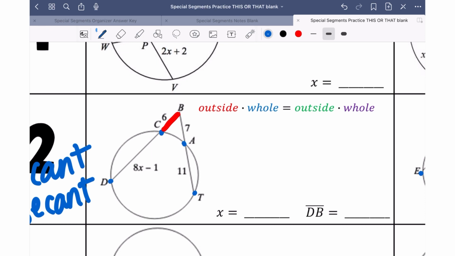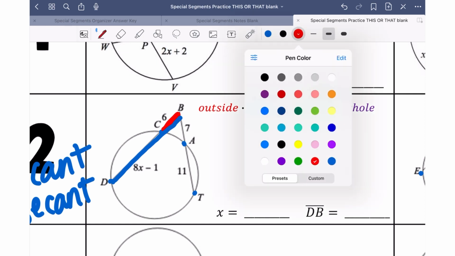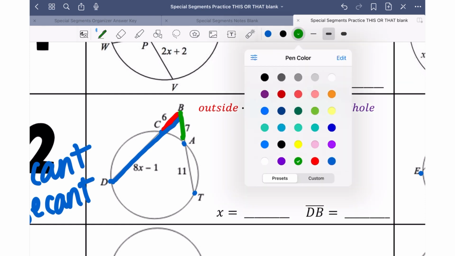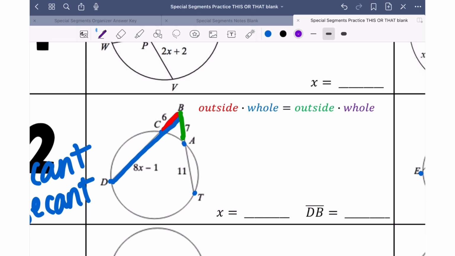And then the whole thing is from here plus that, okay? And for the other segment, the outside part is the 7, but the whole thing together is the 7 plus the 11 there, okay? If you have a different way of identifying that, then that's okay also.